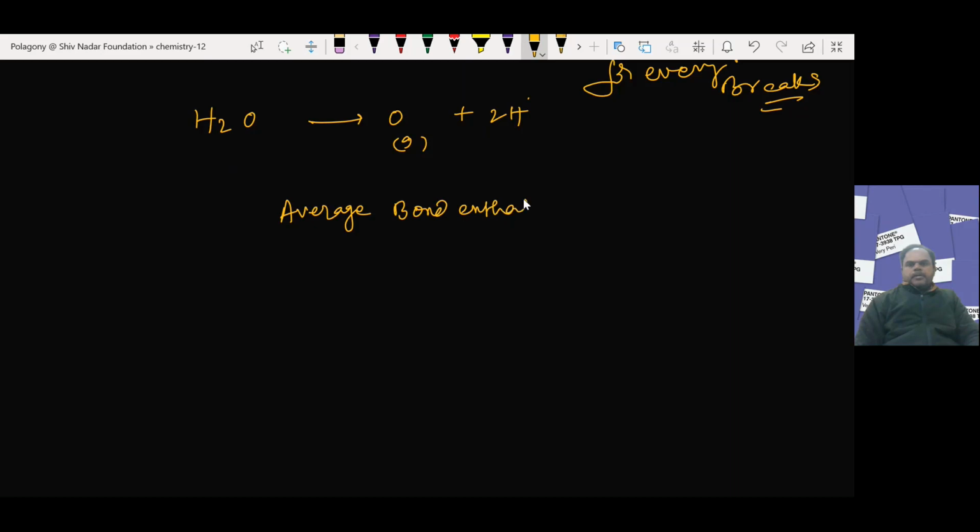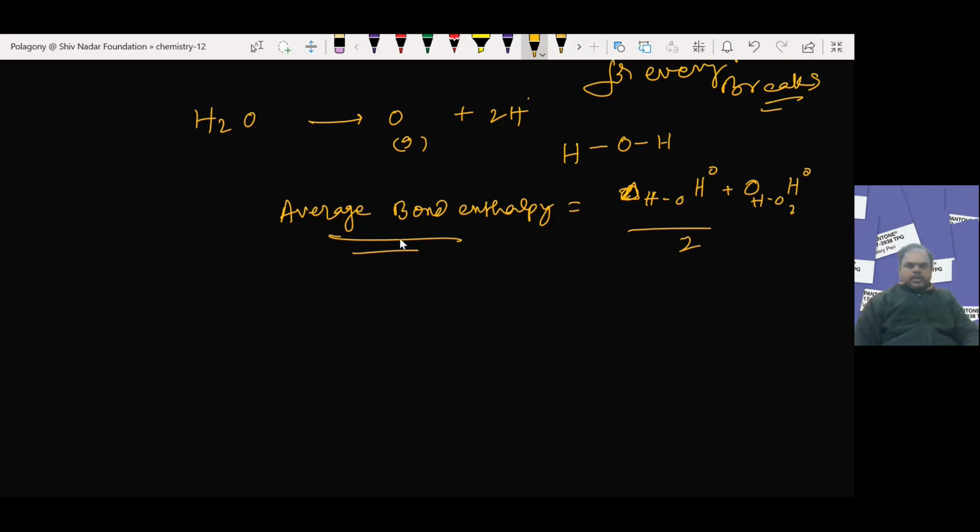How many OH bonds are there? 2 are there. So delta HO bond 1 plus delta HO bond 2, divided by 2, we can get the average bond enthalpy for the water molecule.